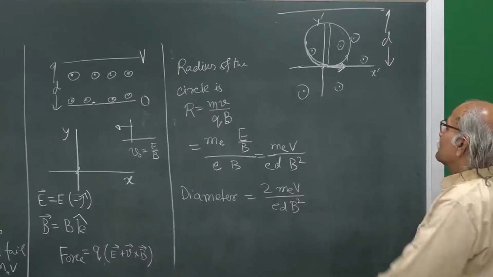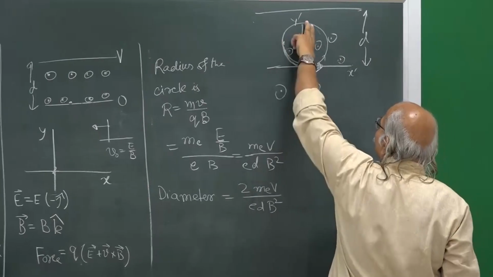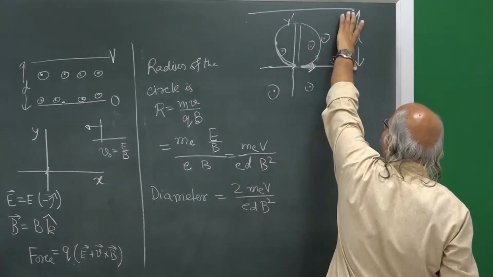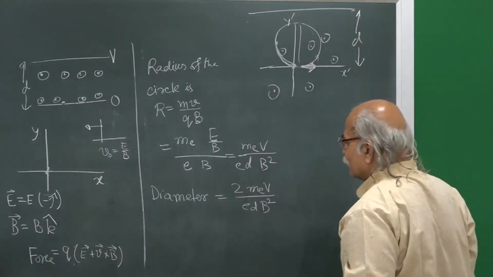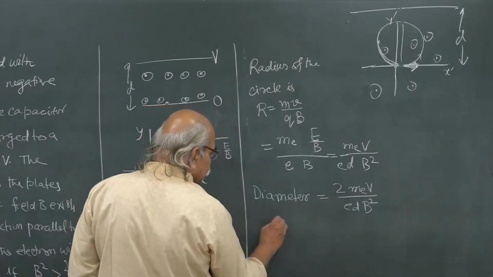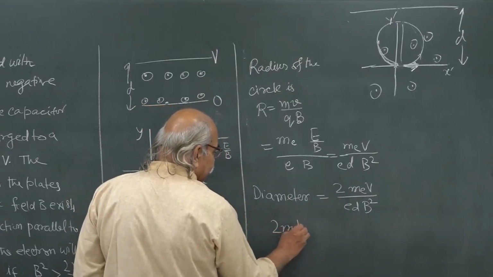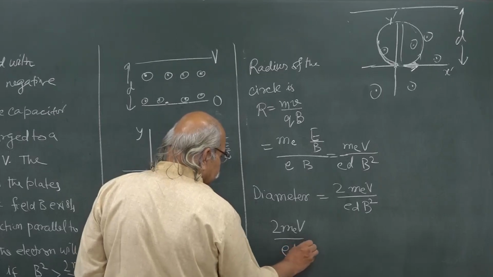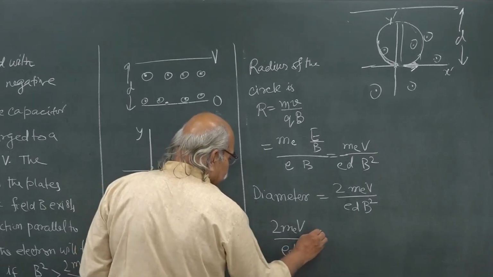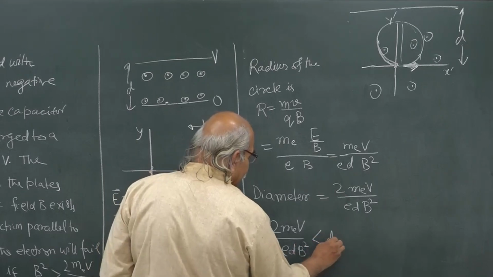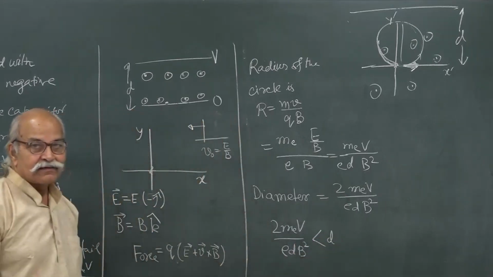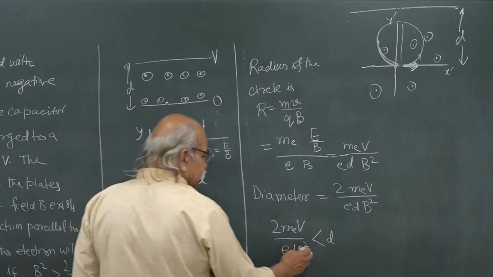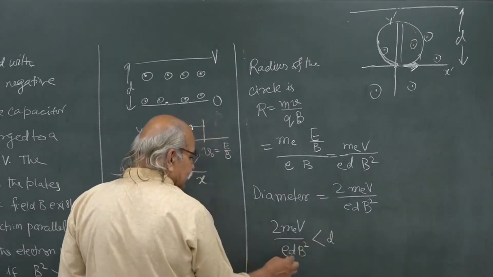If the diameter of the circle, 2mev by eB squared... no, 2mev by eB, is smaller than the separation d, then it will fail to strike. So this diameter should be smaller than d. I can take this B squared here and the d can come here.